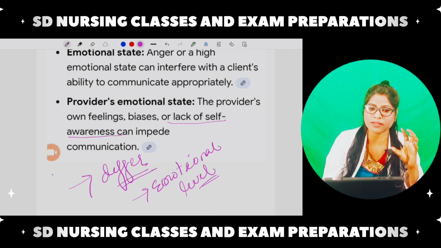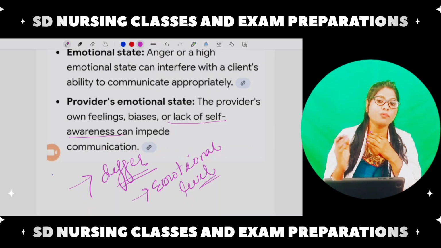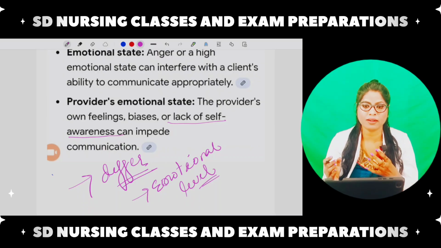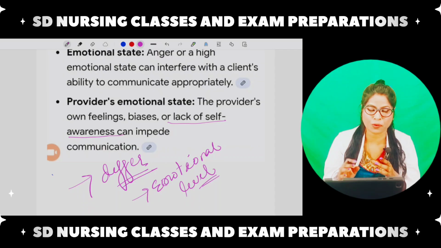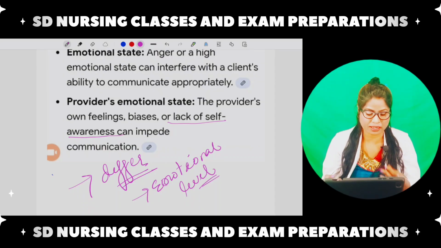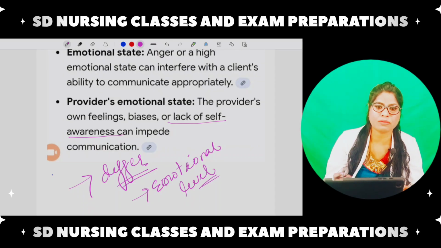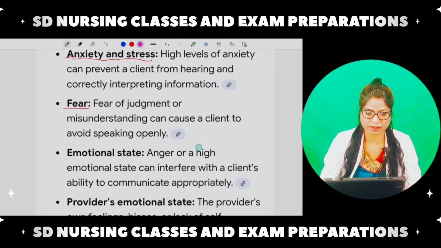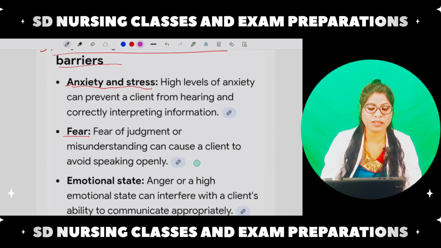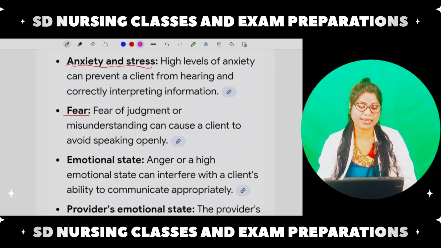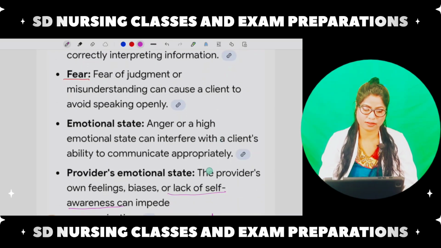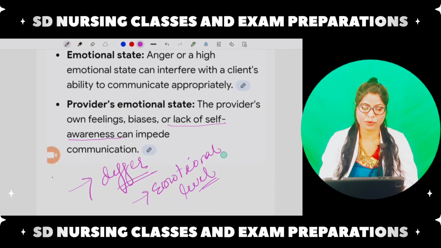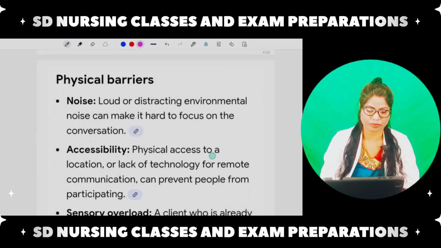We should always be aware about ourselves, whom we are talking to and where we are. We are in hospital, we are not in our home. These things we should always keep in mind. This is about the psychological and emotional barrier: anxiety and stress, fear, emotional state, and provider's emotional state.